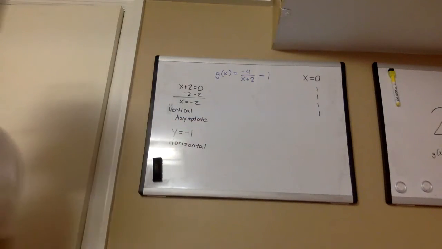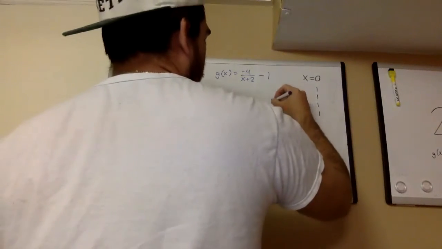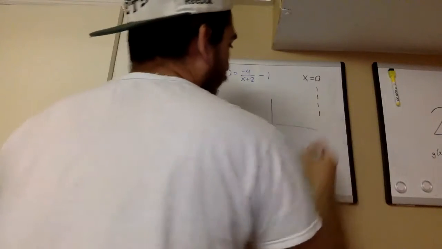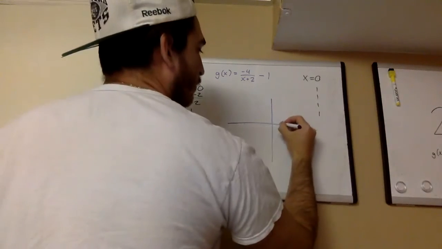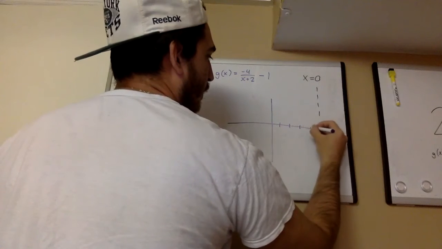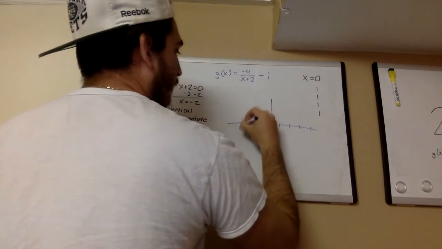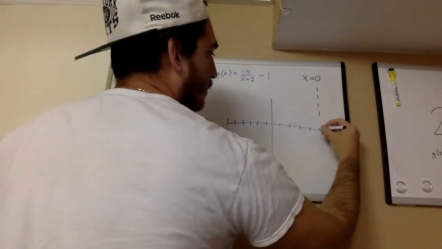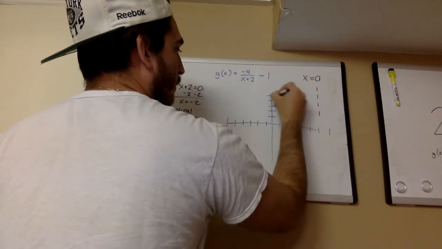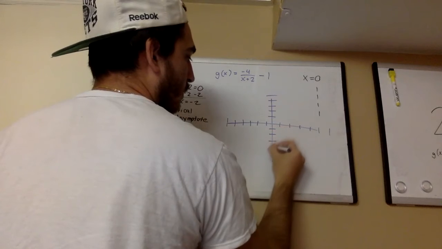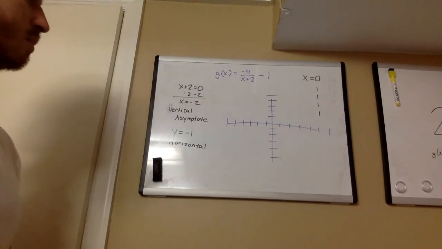Now we're going to start graphing it. I'm going to create an XY plane. Here's XY. Now I'm going to put my asymptotes in. But first, let me make some ticks so we know where these lines are. I'm going to do 6 on each side, just so we have a little space. 2, 3, 4. All right.